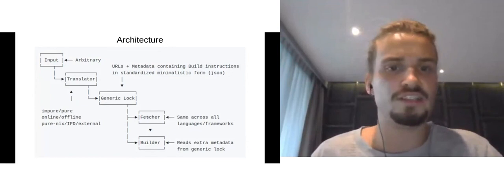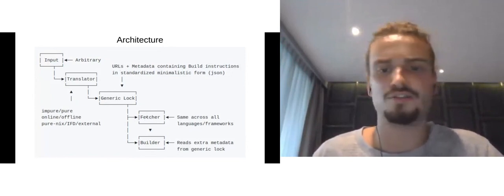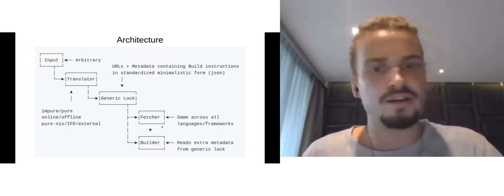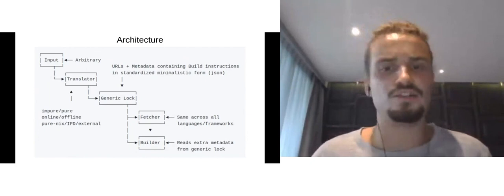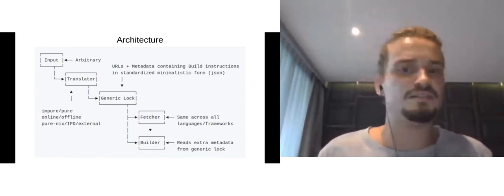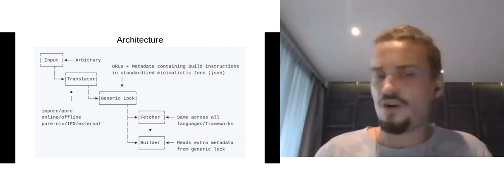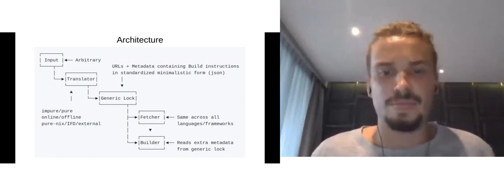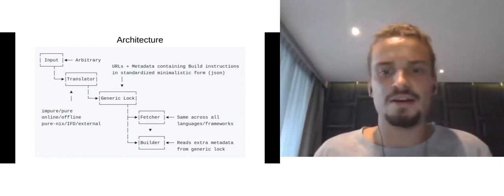The fetcher just reads the URLs and hashes part of the generic lock and ignores the rest. The cool thing with this model is that the fetcher basically is always the same. The fetcher really doesn't care about the build system. It doesn't need to understand if we're building Python or Node.js or Rust here. Fetching always works the same, and we can use exactly the same logic for everything.